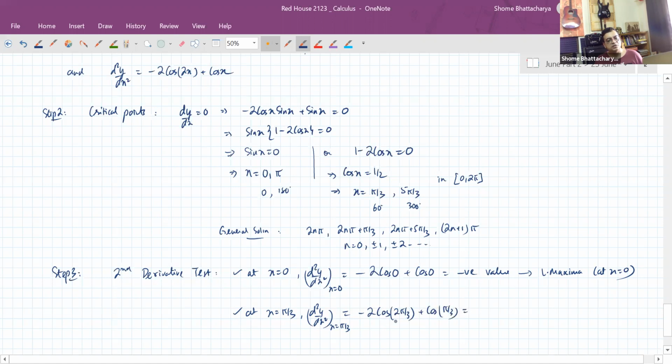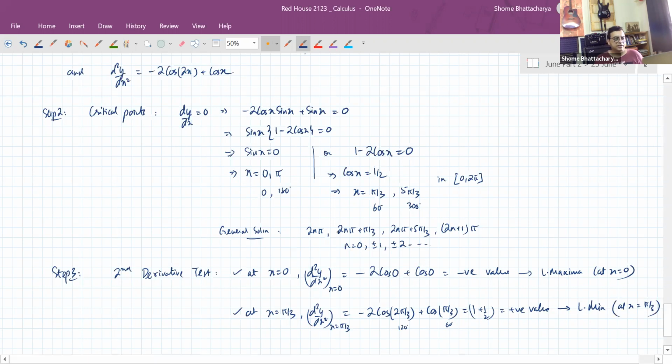So that, as you can see, will become positive. Cos 2 pi by 3, that's cos 120, so that's minus half. So minus half into minus 2 will give us 1. And cos pi by 3 or cos 60 is half. You can see it's a positive value. So we will have a local minima at x equal to pi by 3.